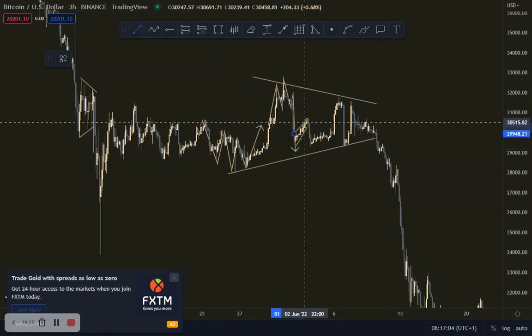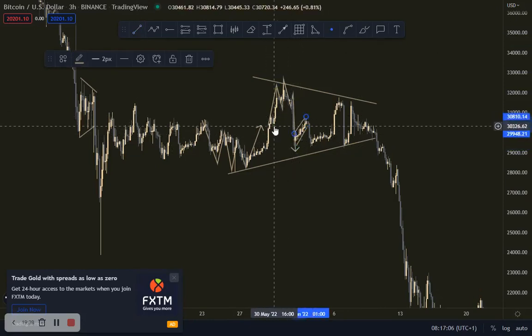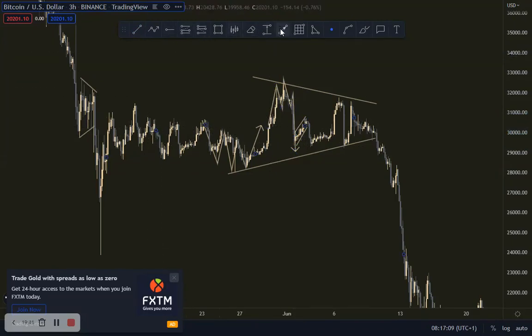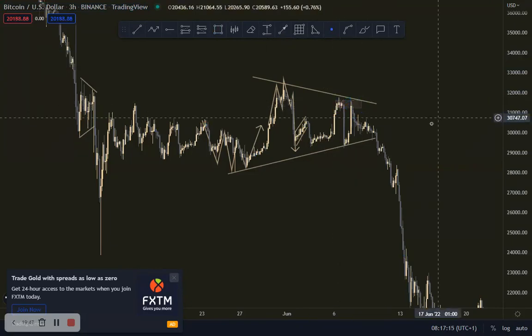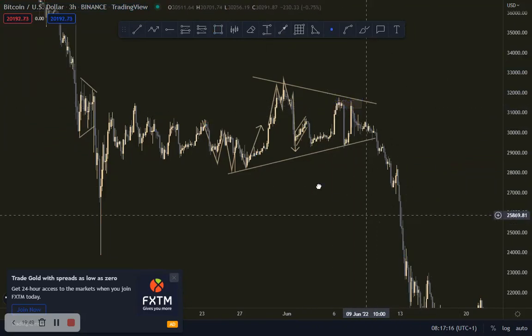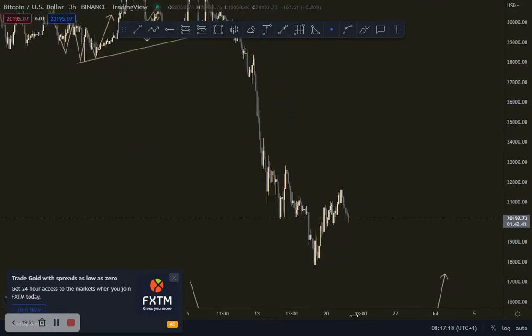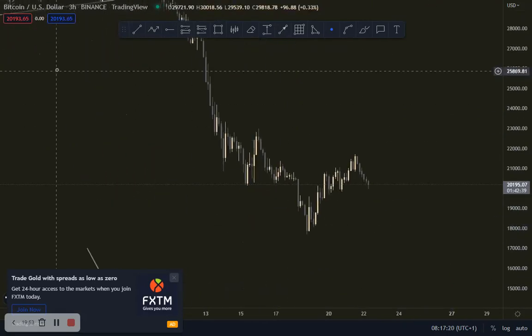What else do we see? We see a double top. Price dropped, right? That's it.